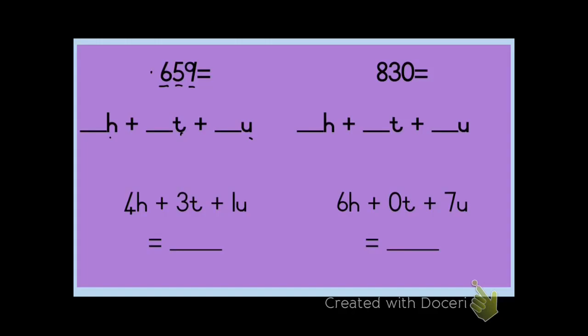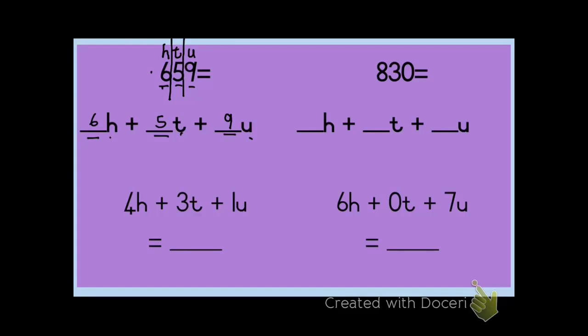Or you can just put them into their rooms, their 100 room, 10 room, and unit room. Here you will see it's 6 hundreds, 5 tens, and 9 units. If you want to double check, you can pause and count in hundreds till 600 to see if it's 6. You can count in tens till 50 and in ones till 9.